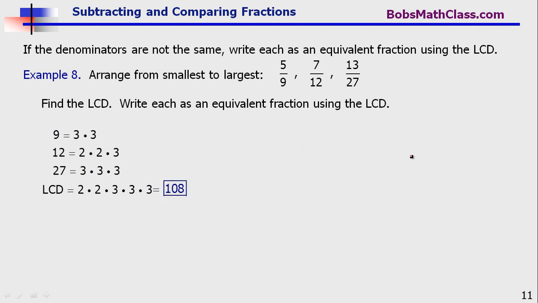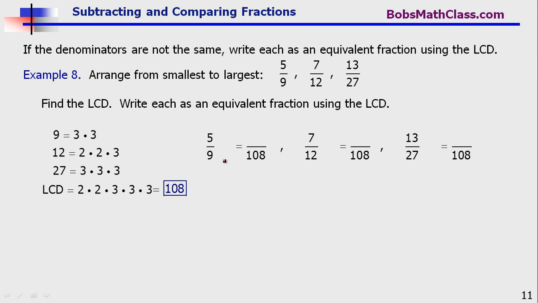So now we're going to write all 3 fractions, and we're going to change them all into denominators of 108. And now we have to figure out 9 times what number is 108, 12 times what number is 108, and 27 times what number is 108. Let's start with the first one. 9 is 3 times 3, so if you cover up 3 times 3, you got 2 2s and a 3, which is 12.